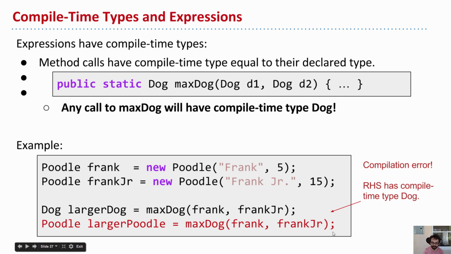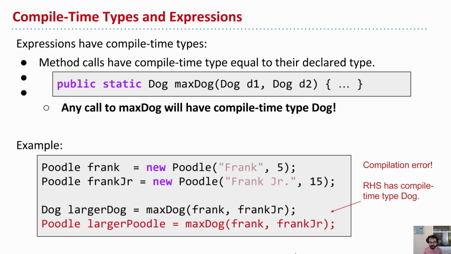However, suppose we try and make this other call, assigning to a Poodle. The sequence of events: Frank and Frank Jr.'s addresses get copied from these poodle variables to dogs, totally fine. Then we return the larger dog, the address of Frank Jr., but it's marked, the compiler knows that it is just of type Dog.